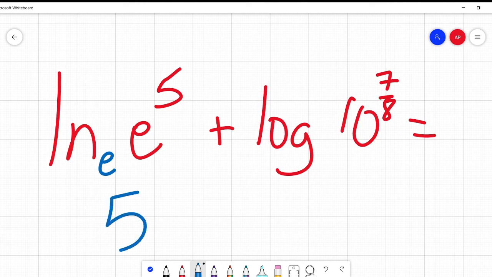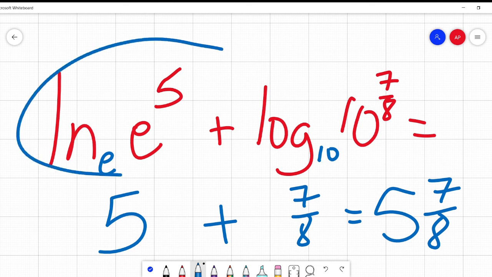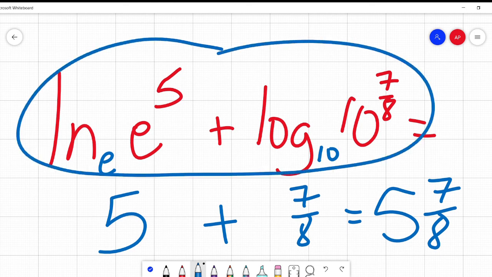Next one. This is understood base 10. When we don't have a base and it says log, it's base 10. 10 to the power of what equals 10 to the power of 7/8? 7/8. That's it. Literally it. All that, which looks very fancy, I grant you, is very simple. Very simple.